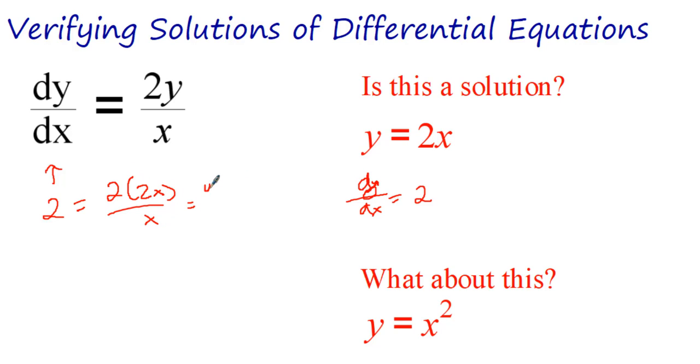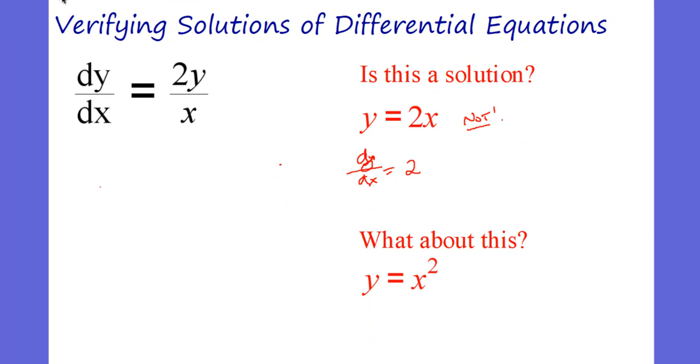So what do we have? We have 4x over x, which is 4. That does not equal 2. So this is not a solution of this differential equation. When we take the derivative and plug it into our differential equation, it does not work.